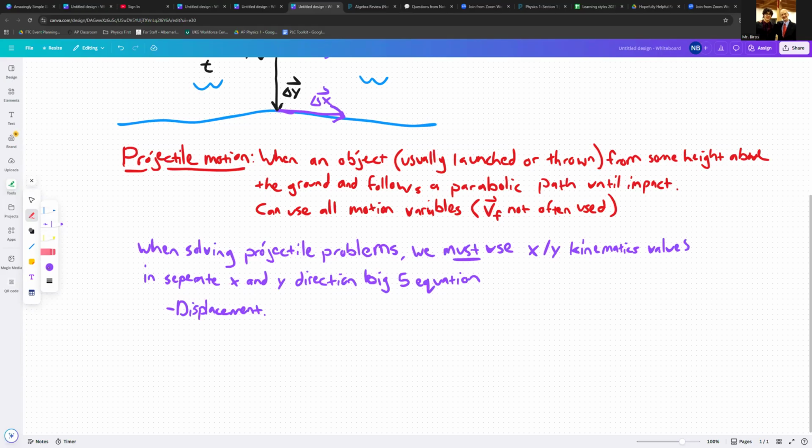So we often find, either solve for or in some way we're dealing with, how far the object travels horizontally before impact.